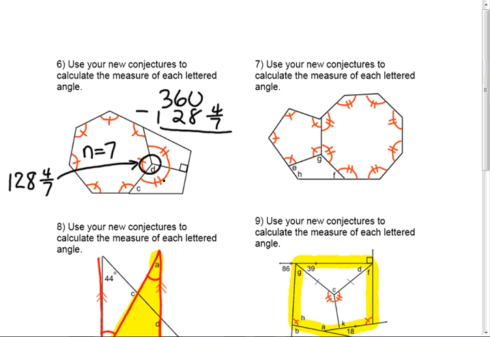But I don't know if you know how to subtract the fractions. I don't know if I want to take the time to do it. Because then you're going to take 360 minus this angle, and then that answer you're going to divide in half. So you're probably happier with decimals, to be honest.